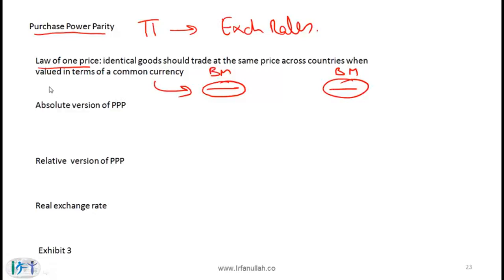Now, there are two flavors of purchasing power parity. One is called the absolute version of purchasing power parity, and the other is called the relative version of purchasing power parity. So, according to the absolute version, the equilibrium exchange rate between two countries is determined entirely by the ratio of their national price levels.